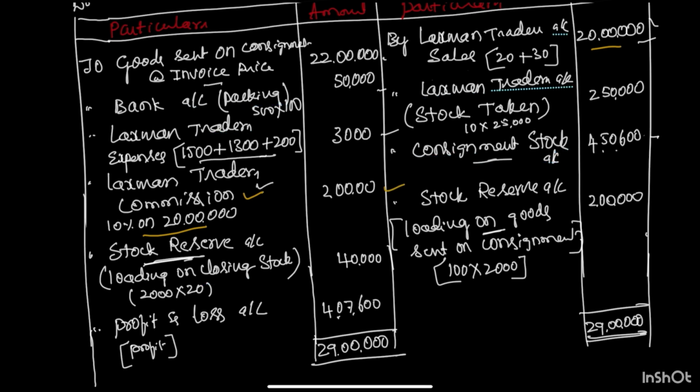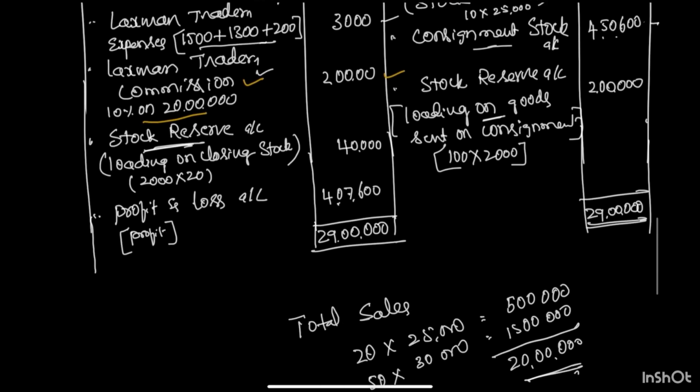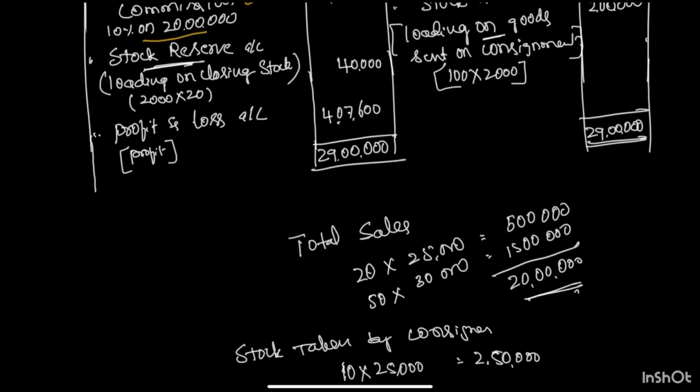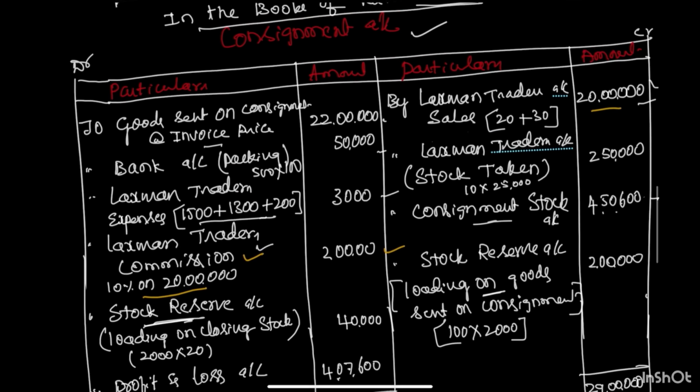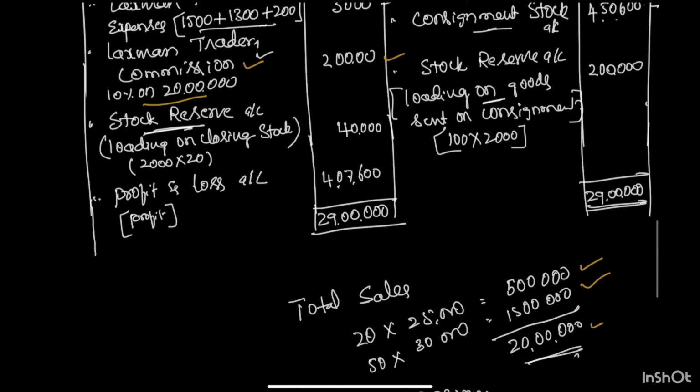Then we have to take a stock reserve on the closing stock, that I'll explain later. By Lakshman Traders account, the sales done: 20 computers sold at 25,000, 50 computers sold at 30,000. Total becomes 20 lakhs. This 20 lakhs is taken here.